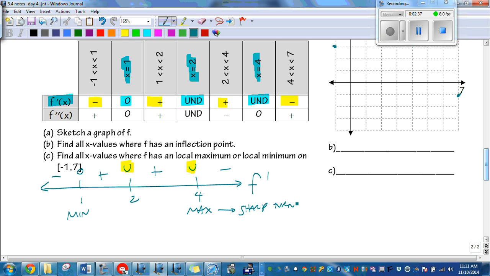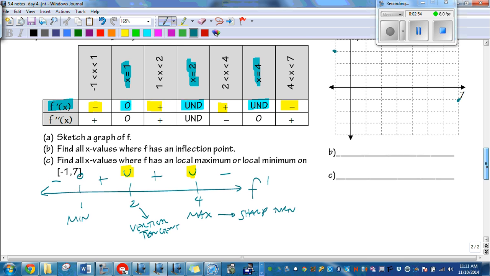And we'll see that in a little bit. If we don't have a max or a min at a point where the derivative is undefined, that's going to be a vertical tangent line. All right, so we'll see that in a little bit when we get to the graphing part.